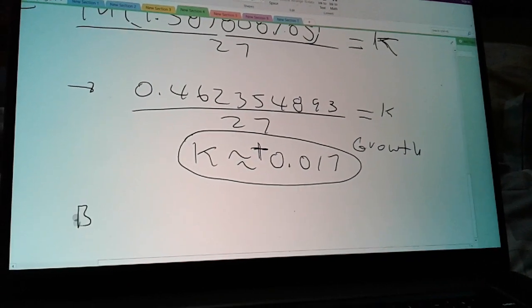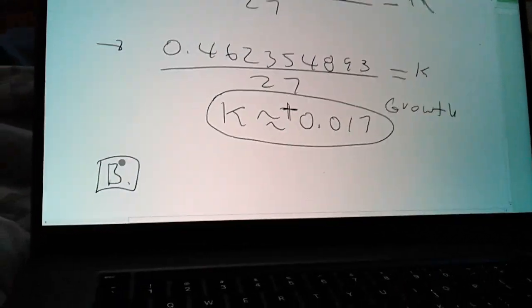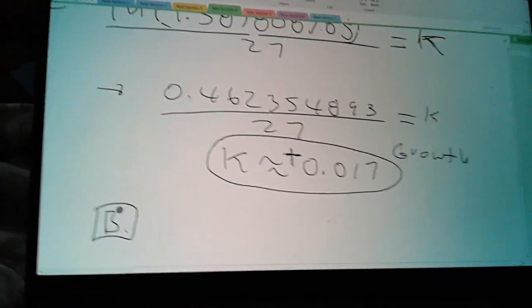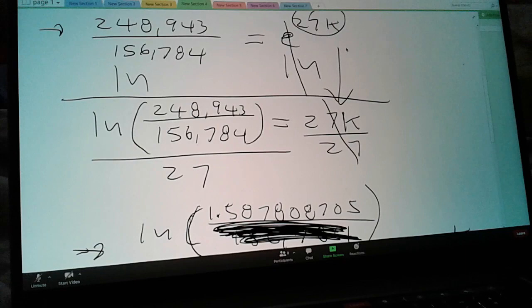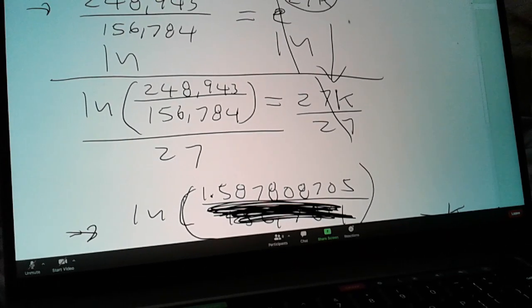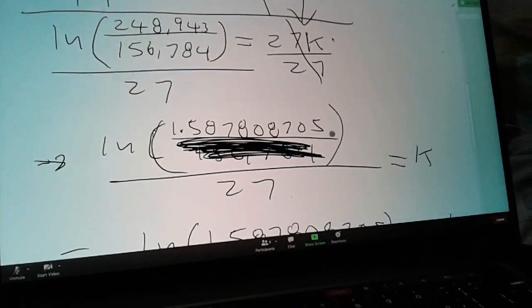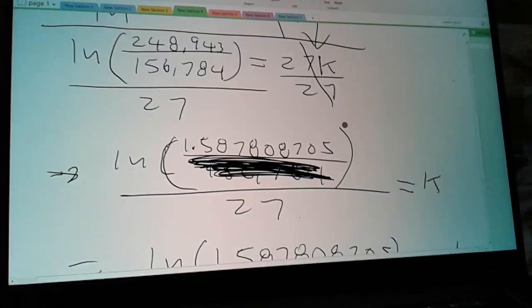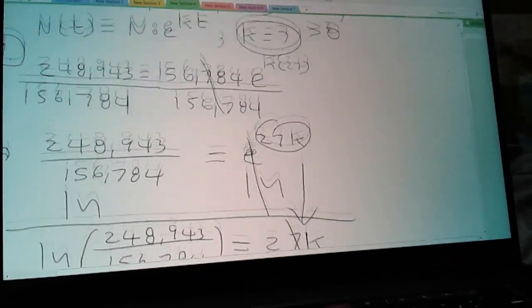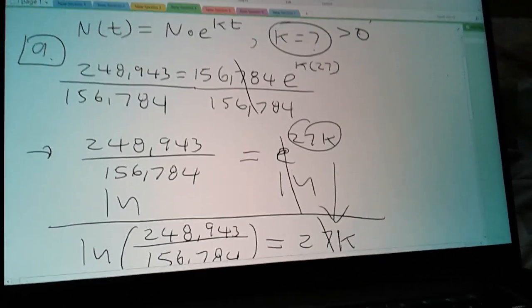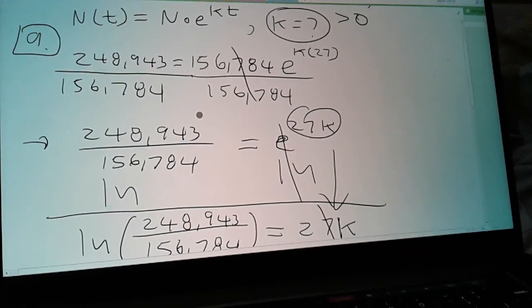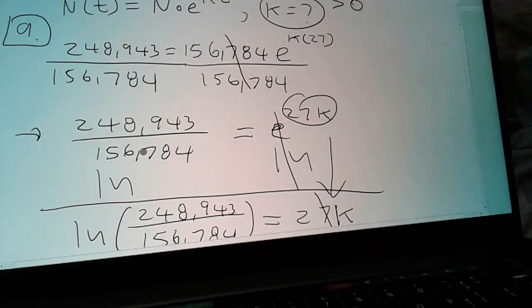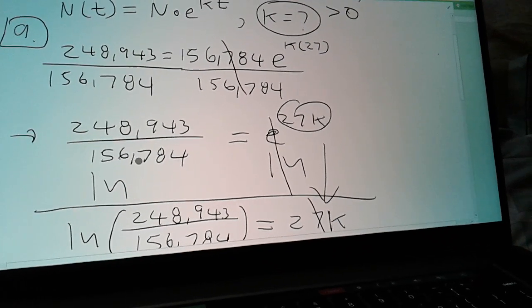When we write out this question on the exam, do we have to show the two steps where you had ln of the big decimal and then... No. So you don't have to do all this stuff, or can we just go from ln of the fraction divided by 27 to the answer? You mean this fraction here? Yeah, because if you take ln of that fraction and you divide that by 27, you get the answer.